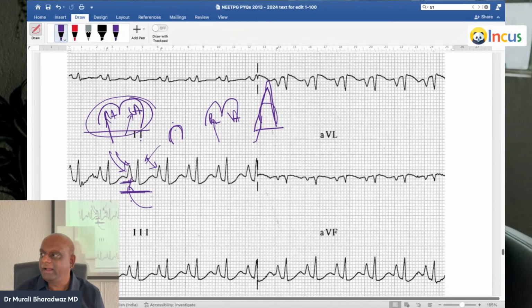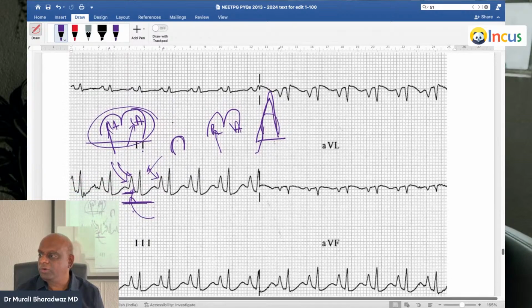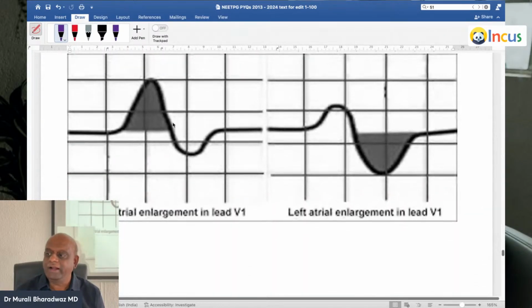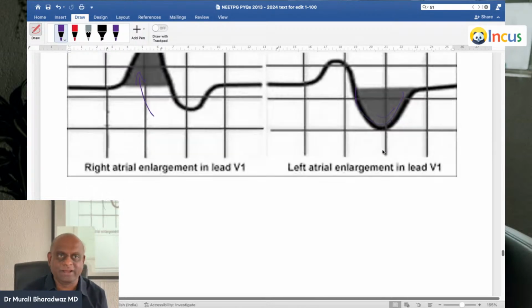Agreed? Then if you go to lead V1: right atrial enlargement in lead V1 will show prominent initial positivity, and left atrial enlargement will show prominent negative deflection later on in lead V1, V1 being a right-sided lead.